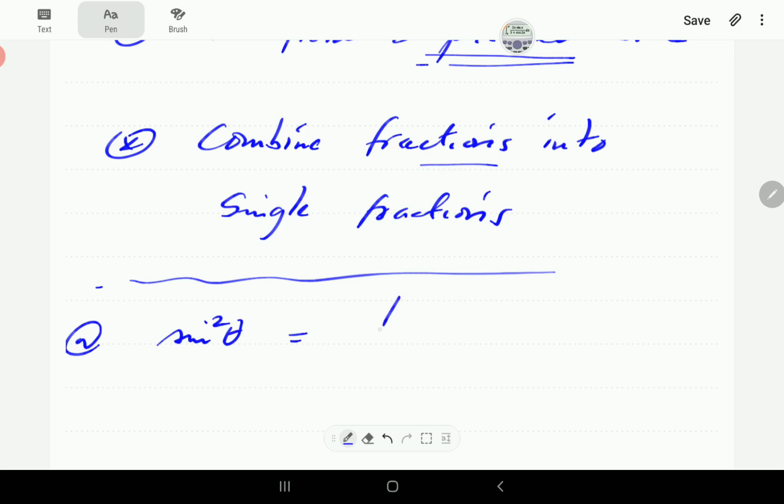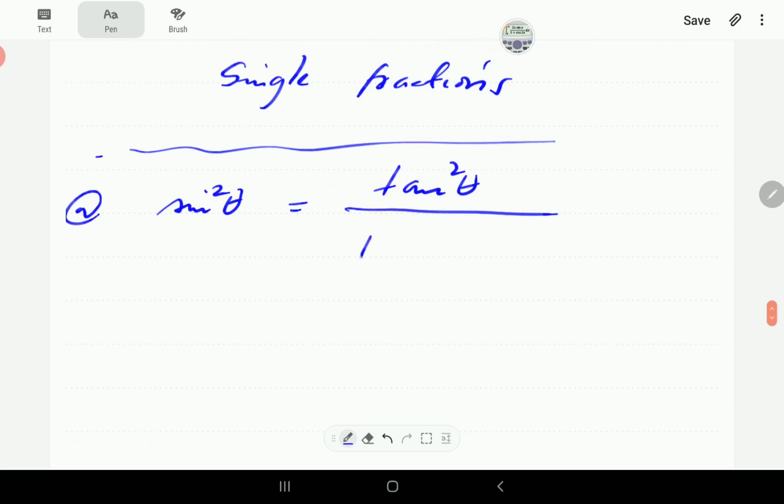So the first one we have, we want to show that secant squared theta is equal to 1 plus tangent squared theta. So this time, if we look at these two, the right hand side looks complicated, so that's the side we're going to work from.